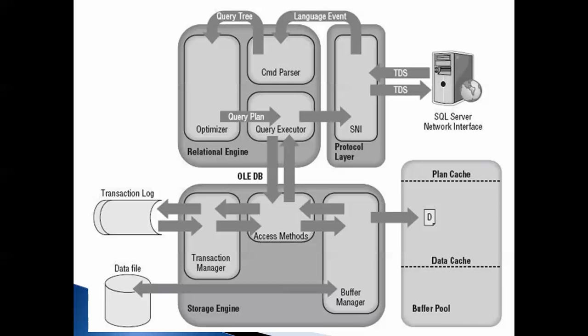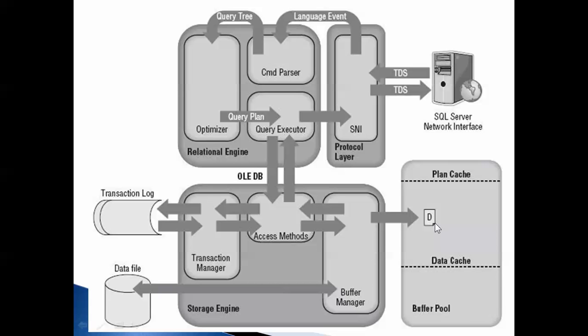If the access method is to reach out for the index and then finally go to the table, it first locates the index, picks up the data from the index, and then finally reaches out for the table, and then the table is moved from the data file to the buffer manager. From the buffer manager, now the data is moved to the data cache where the memory has been reserved. From the data cache, the data is finally handed back to your client.